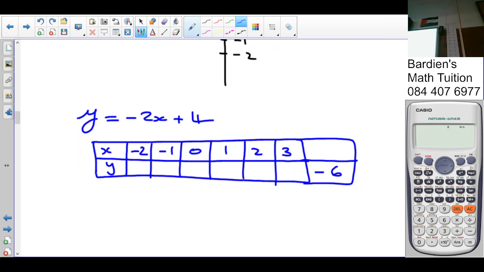So you're going to work out that value there for me as well. For this one here, you're going to complete this table using this formula. Then you're going to write it in coordinates. Then you also plot it on the Cartesian plane. Alright, you guys understand what to do?